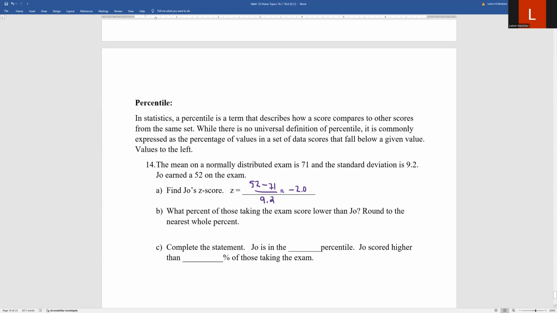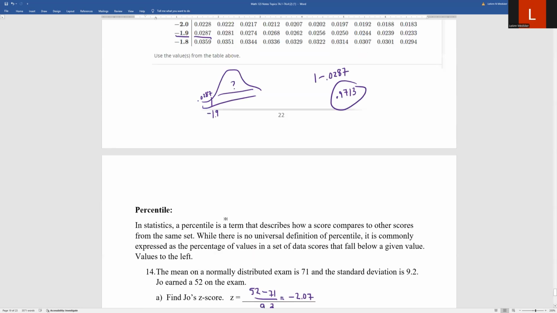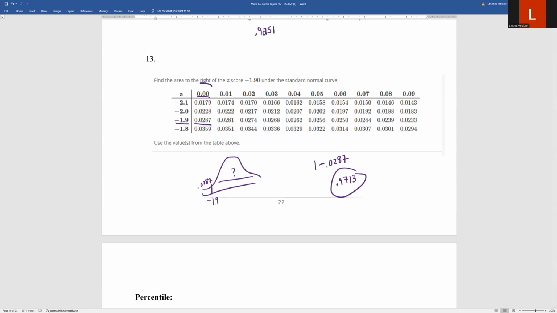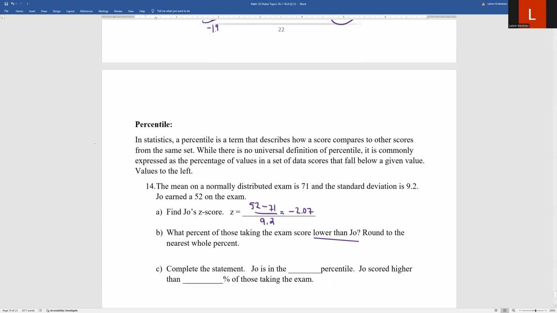This is her position on the z table. What percent of those taking the exam will score lower than Joe? So we need to go and look at negative 2.07, which I did have on this table right above here. Negative 2.07, and that value where those overlap is 0.0192.